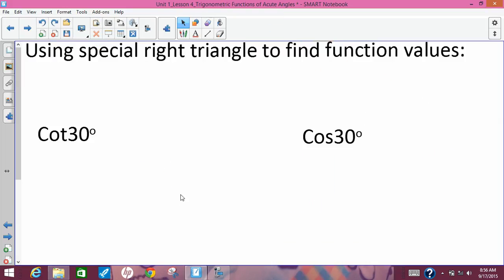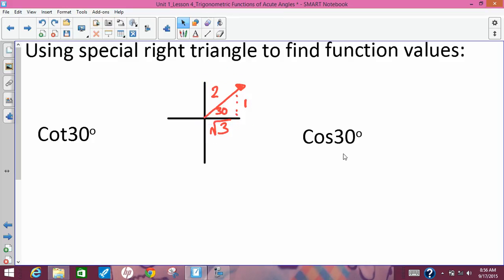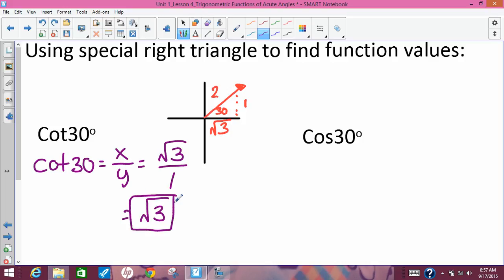So we can use this to find the cotangent of 30 and the cosine of 30. So cotangent is x over y. So here our x is root 3, and our y is 1. And we can just write that simply as root 3. Our cosine is x over r.